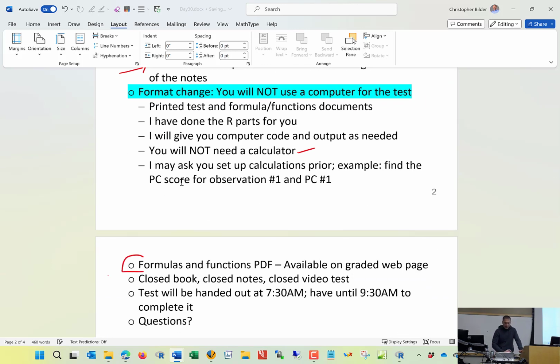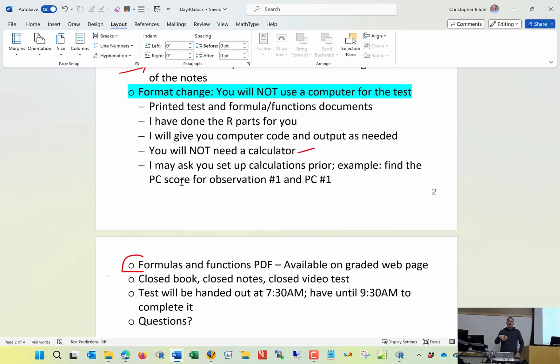There is still a formulas and functions PDF that I've put together. It's essentially exactly the same as what I've done in the past. I've just added some multinomial, although I think I accidentally included the multinomial stuff for test number 3. I will get a printed copy of that and give it to you during the exam in case there's something there that you need to see.